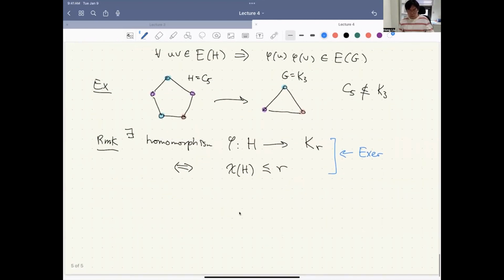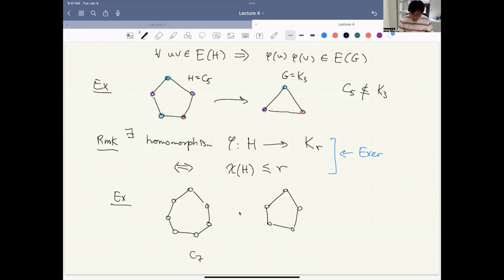Now, perhaps I should give another example where we have a homomorphism to a non-complete graph. So here's another example, from C7 to C5.